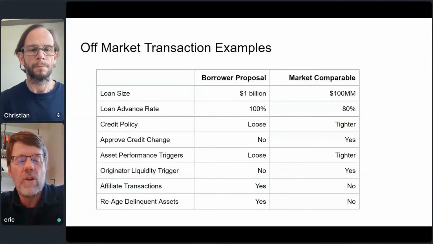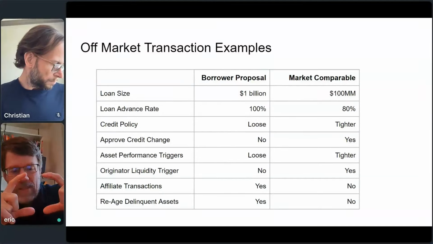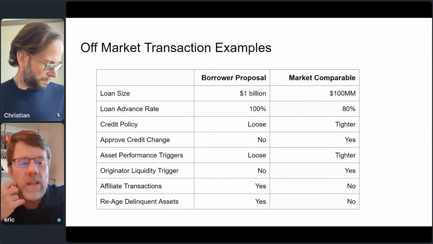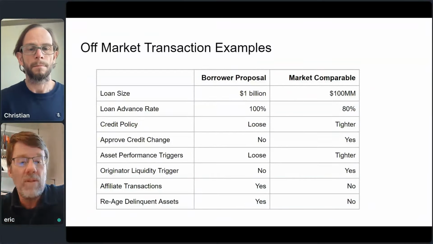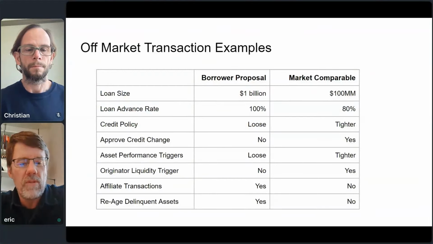What if the asset performance triggers are pretty loose? Think about this, you've got all your loans in the fence, but they start going really bad before the lender can do anything. Tighter triggers means you step in sooner. We certainly get proposed weak performance triggers. I could go on and on about all these, but there are many things they can propose that are not only off market, but underneath off market.